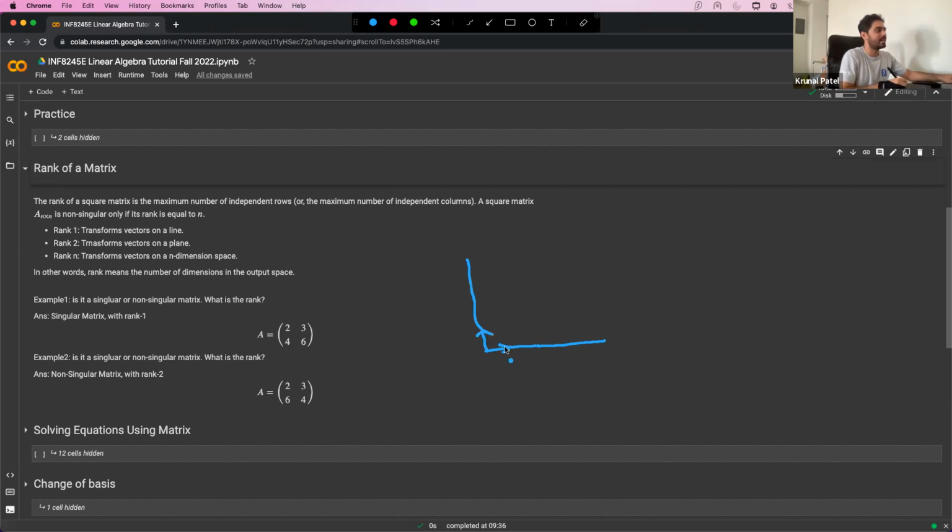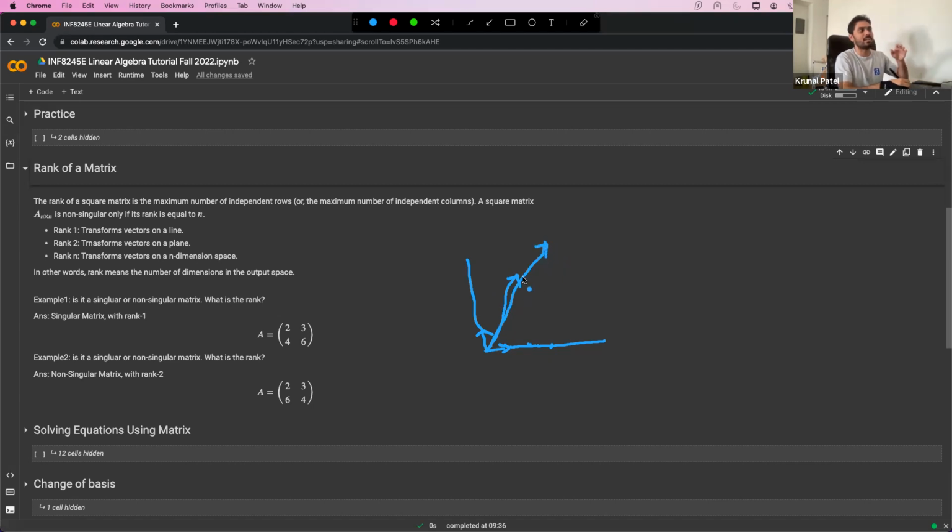Okay, so i hat is transformed to 2 and 4. So this is 2, and let's say here it is 4. This i vector will be landing over here, and j hat is going to 3 and 6. So it is 3, and somewhere over here is 6, and it's exactly the same line where these two vectors are going.